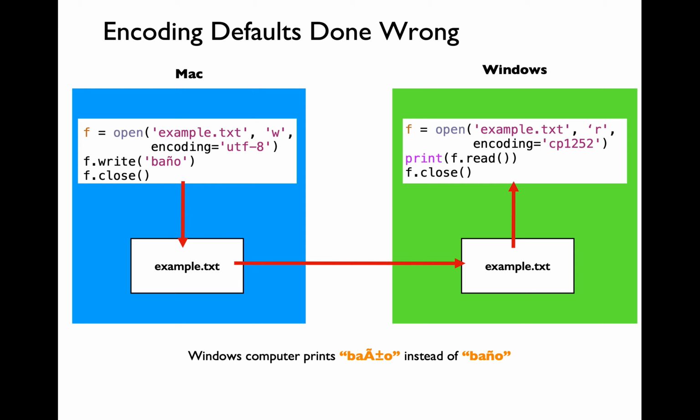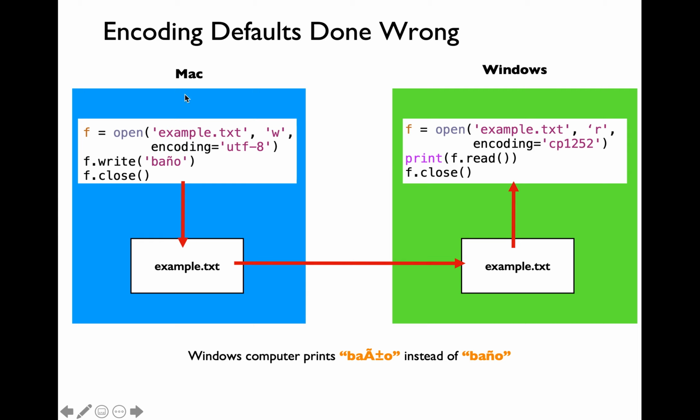Instead of reading the string banyo, you're now going to read a weird string which has something like a plus or minus sign in it. So you see what happened, right? This is the problem with using different encodings while writing a file and while trying to read a file.